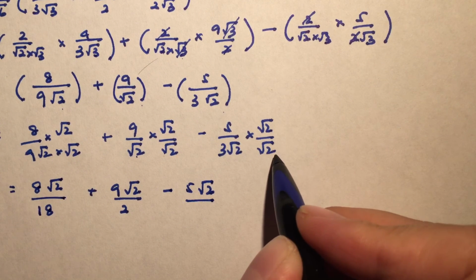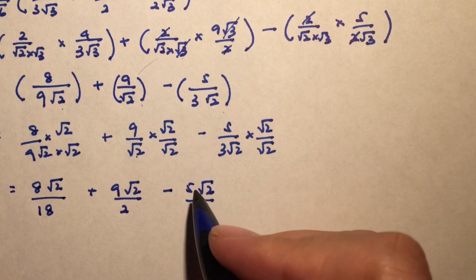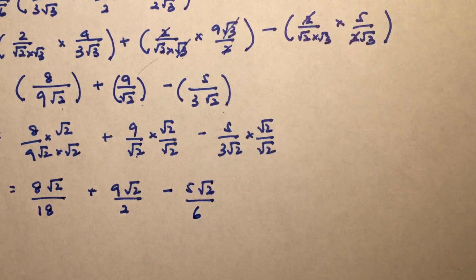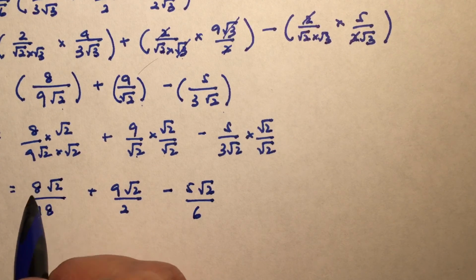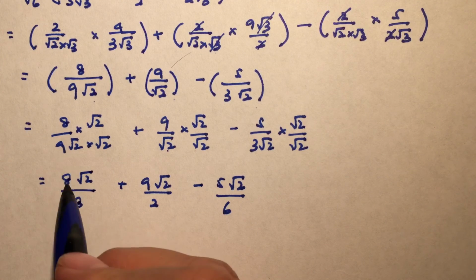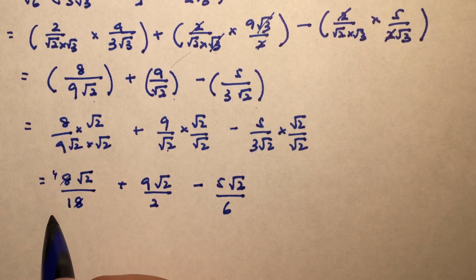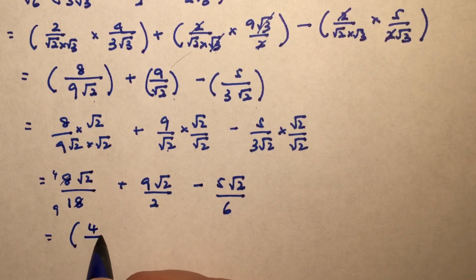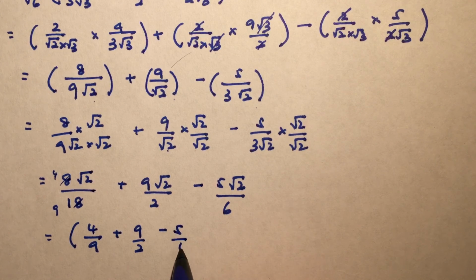Surd 2 times surd 2 will give me 2. 2 times 3 will give me 6. So I could actually simplify this one here. If I divide by 2, I'll be able to get it as 4 over 9. And I'm just going to do an addition for all the terms here. So I'm going to do 4 over 9 plus 9 over 2 minus 5 over 6.